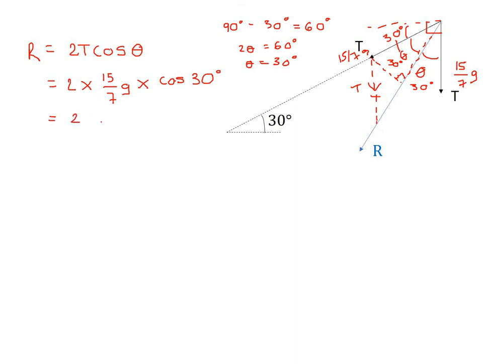So if we pop that all together, I've got 2 times 15 over 7g times by cos 30 degrees, which is going to be root 3 over 2. And then we just put that all on our calculator, although you can probably see that that cancels out with that. So it's actually going to be 15 root 3 over 7.